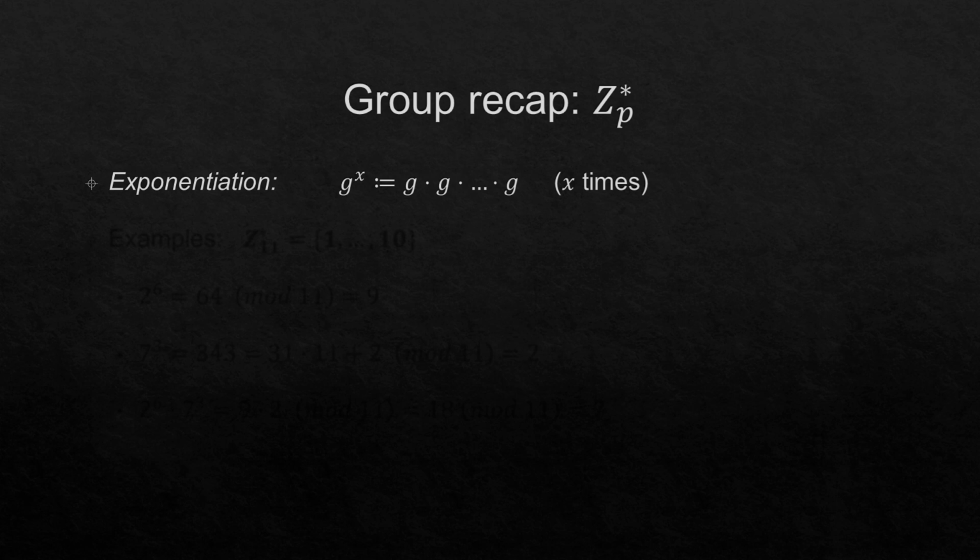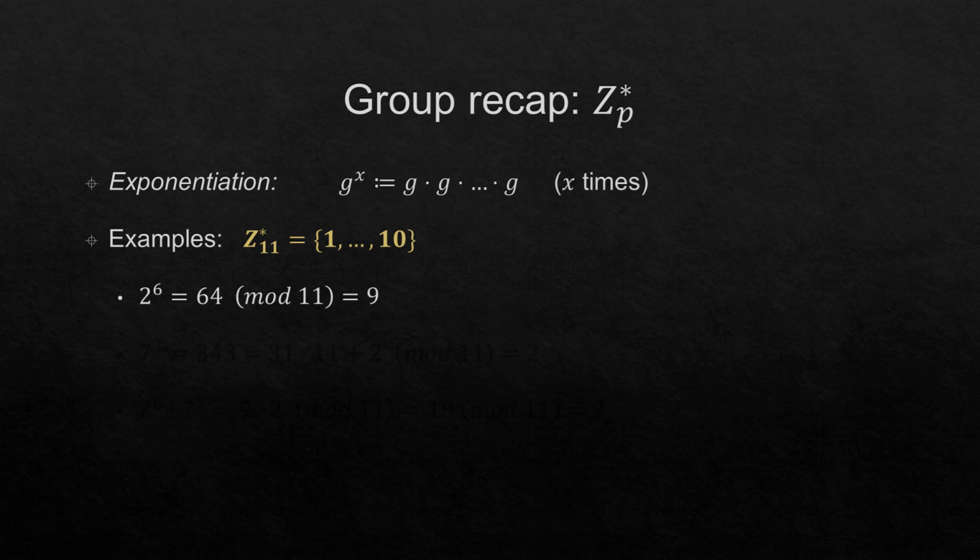And the next thing I want to define, to have in mind, is the notion of exponentiation. As you all know from general calculus, exponentiation is just taking a group element and raising it to the power of some integer, which means multiplying it by itself x times. Examples, in Z star 11, elements are 1 to 10. 2 to the 6 is 64, we mod out 11 to get a 9. 7 to the 3, you're going to trust me that it's 343, which is, again, you're going to trust me, 31 times 11 plus 2.